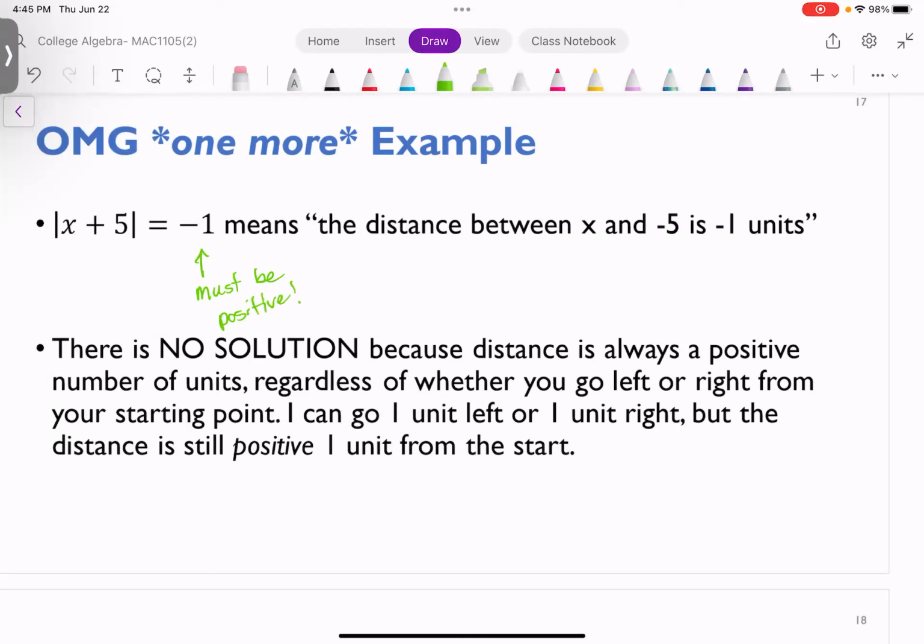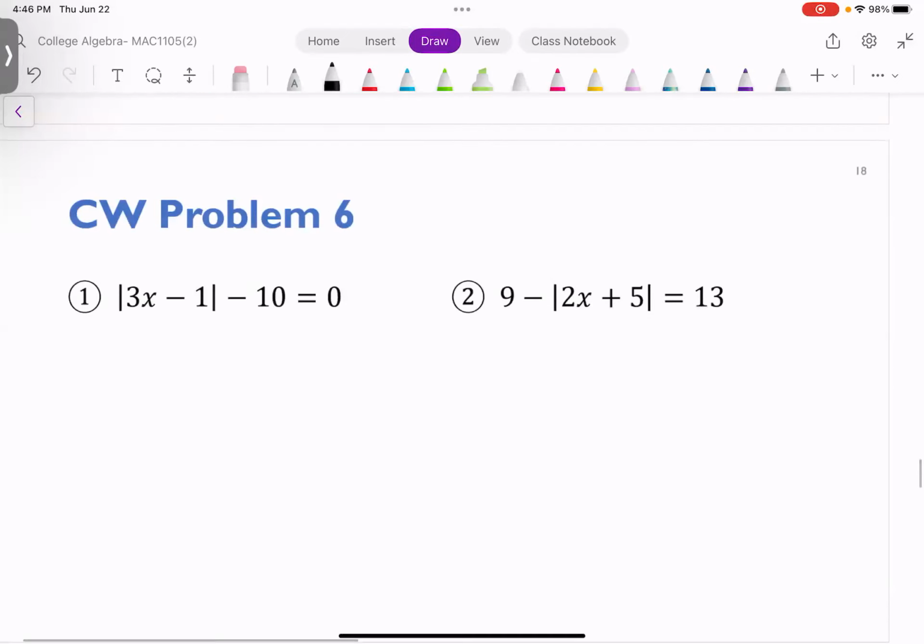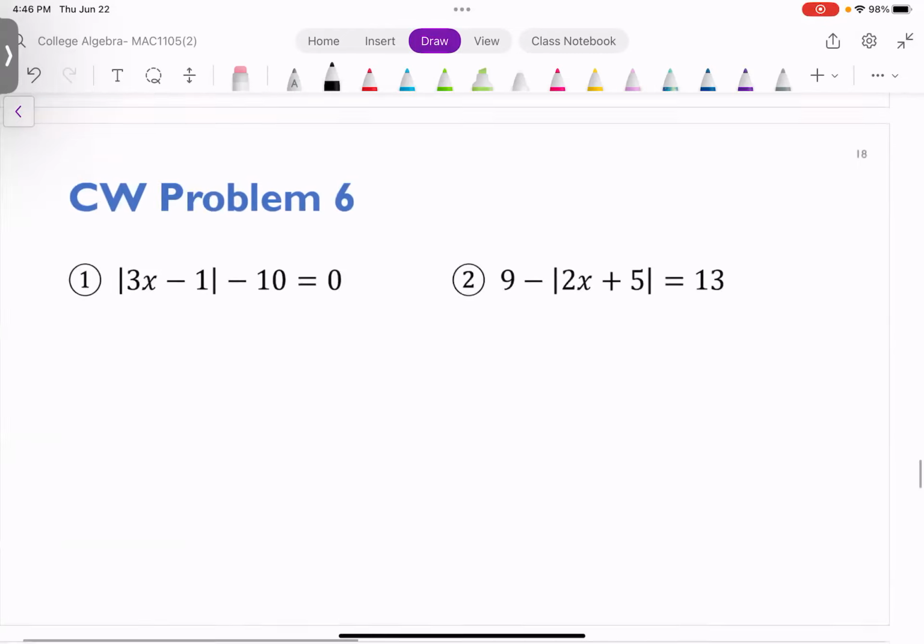That means the solution is D and E. Because I cannot have the absolute value equaling a negative number. When I have an absolute value expression isolated, with nothing else happening to it, the answer cannot be equal to a negative number. So we can go ahead and apply these lessons to solve these two examples.